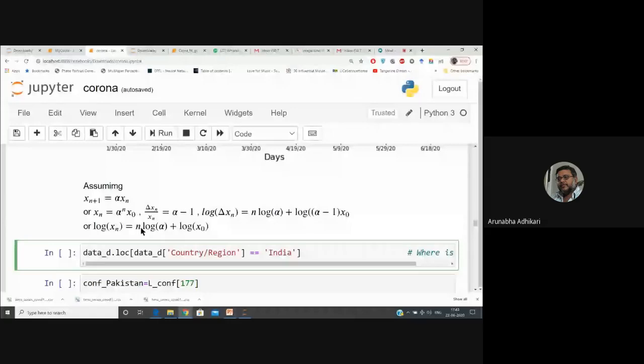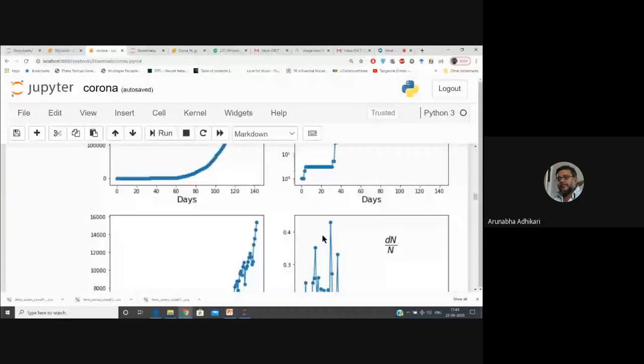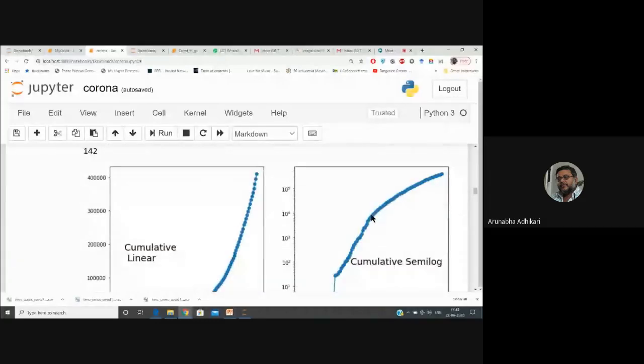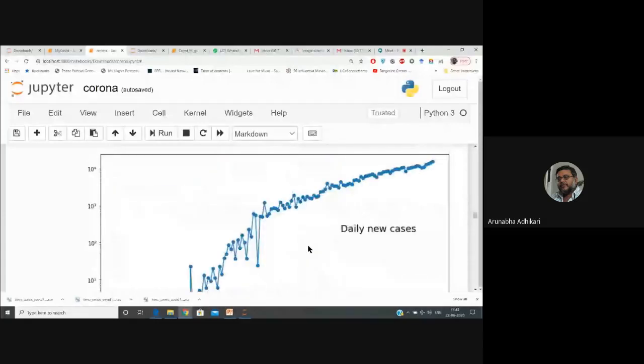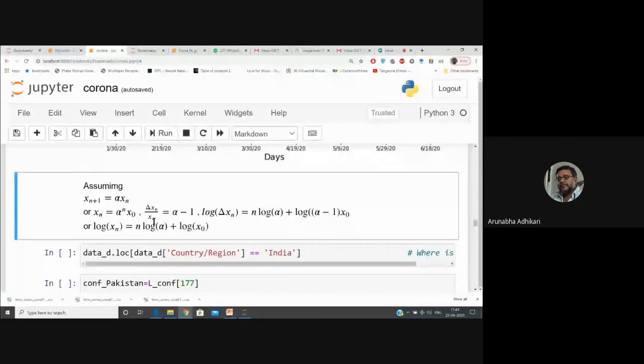One of the curves is this, which hardly shows a constant slope. It shows the slope is actually decreasing, and I'll show that later also. On the other hand, this curve, the daily new cases, starting from this assumption, placed on the logarithmic scale should also be a straight line, where the slope should be log alpha as a constant.